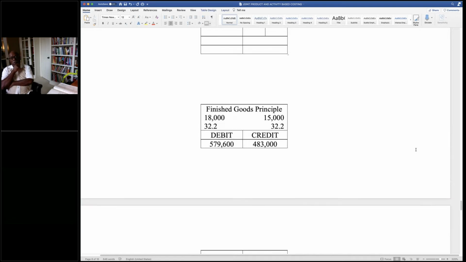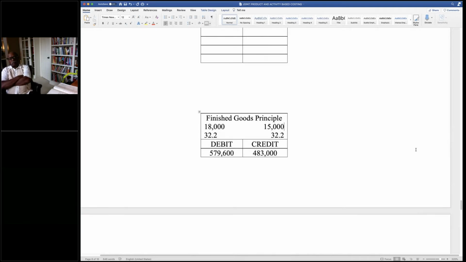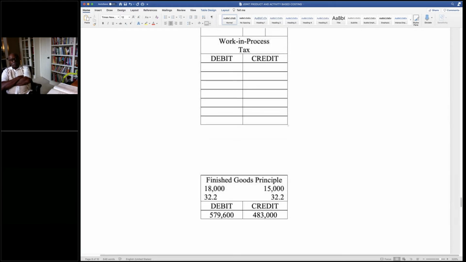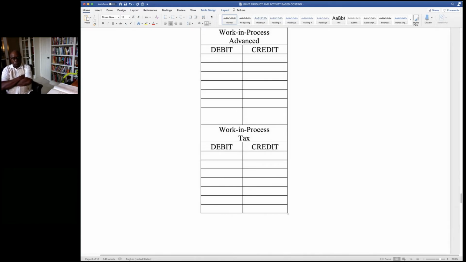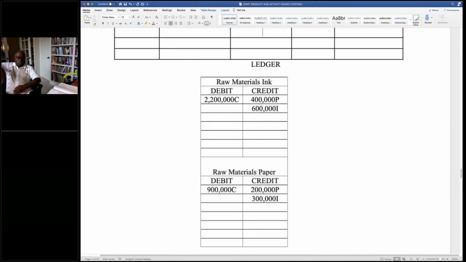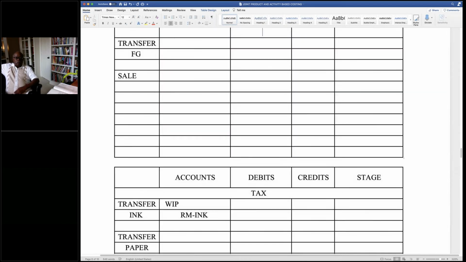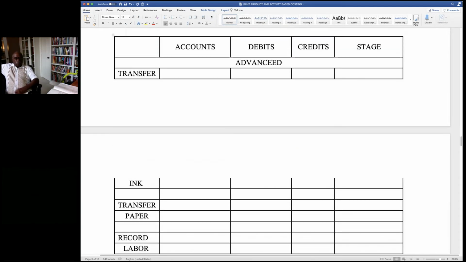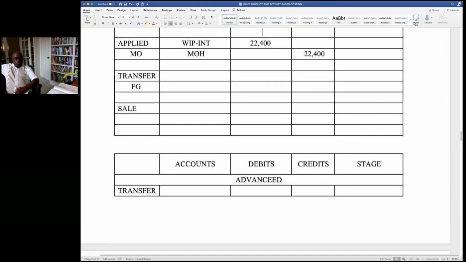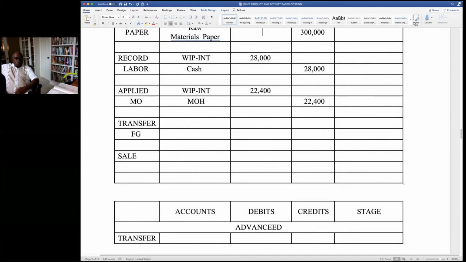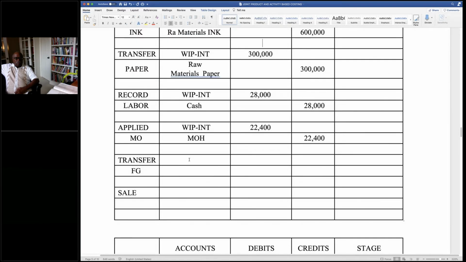The debit of the finished goods is what we need, so we're going to debit finished goods intermediate and credit work in process intermediate.